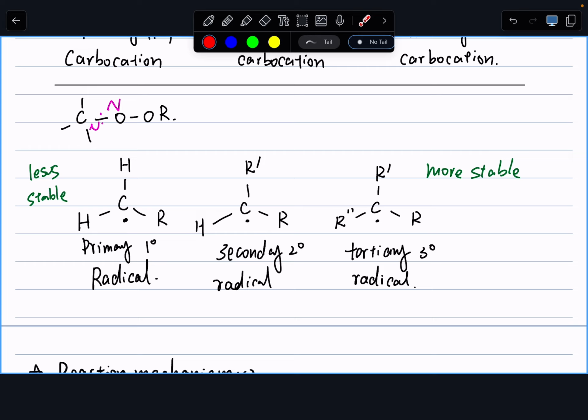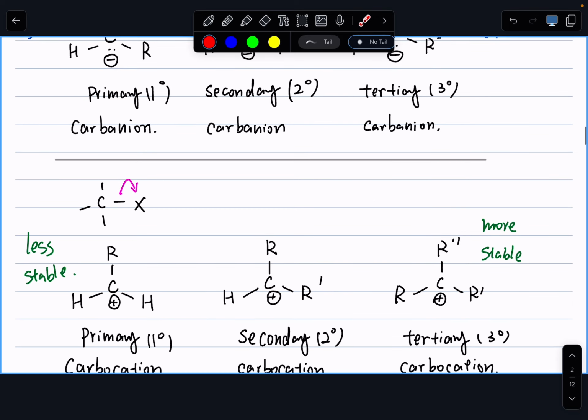We have three different kinds of reactive intermediate: carbanion, negative charge, primary more stable; carbocation, positive charge, tertiary more stable; and radical, a single unpaired electron, tertiary more stable. Didn't get it? Okay, sounds good.